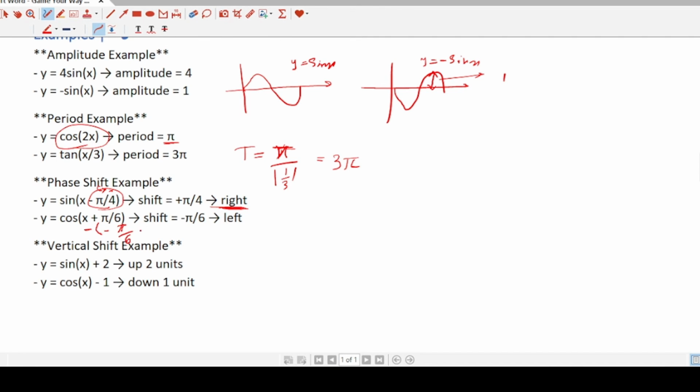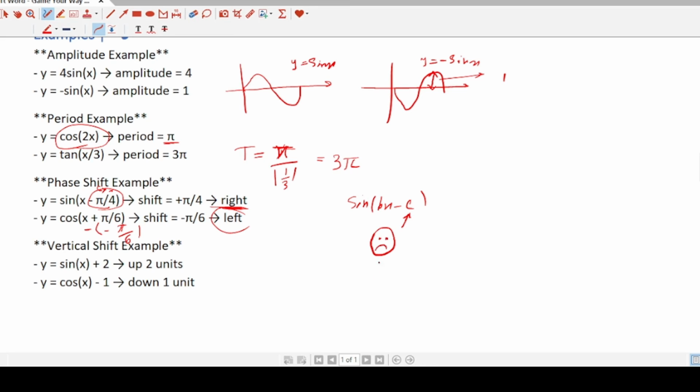So it is pushed pi over 6 to the left. In general, the coefficient inside the parentheses acts in reverse, and overall they are kind of troublesome.